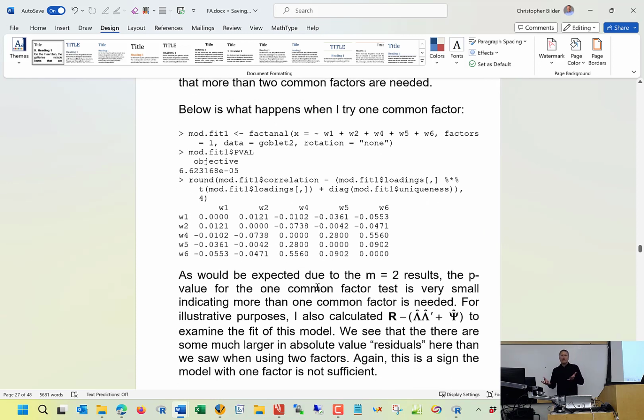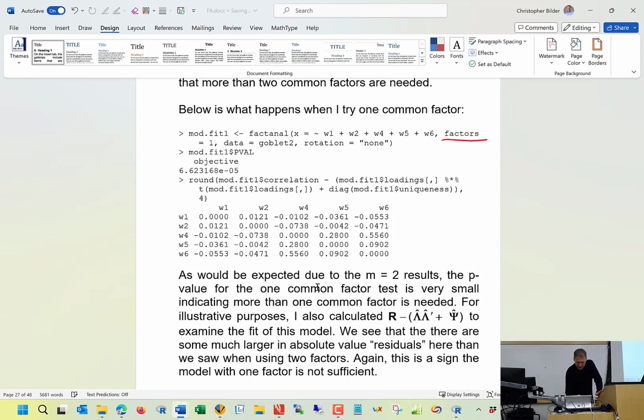Okay, so we have marginal evidence just based upon this that maybe more common factors are needed. Before we look at more common factors, though, how about we look at just one common factor and see what happens? Now, you would expect in this situation the p-value to be smaller, because 2 is kind of marginal, and if 2 is not working, I doubt 1 would work. And so what would happen if I use 1?